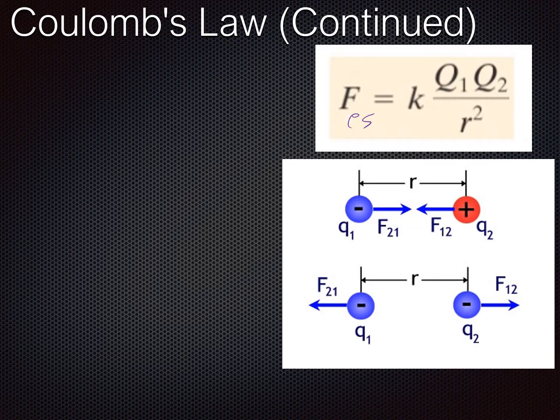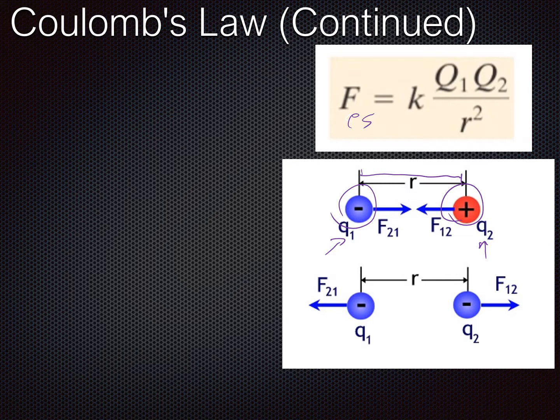So that means that if I have two charges, such as I have down here, a negative charge and a positive charge, and I want to find the magnitude of the force between them, and remember the magnitude just means the size of the force, how big is the force, it's going to be the charge of the first one times the charge of the second one divided by their distance squared times Coulomb's constant K, which I'll show you shortly. And that's going to give you the magnitude of the force.